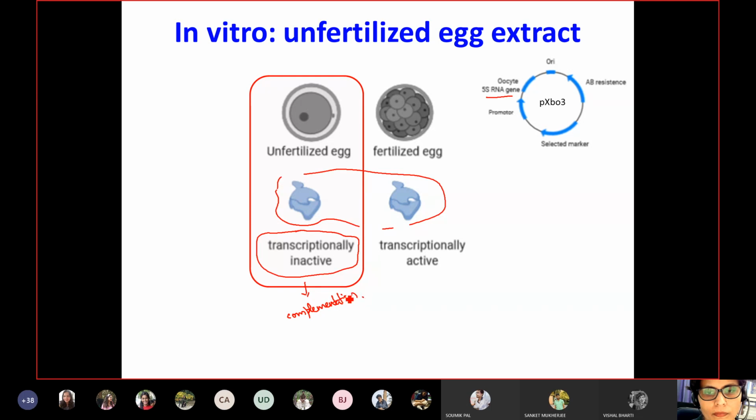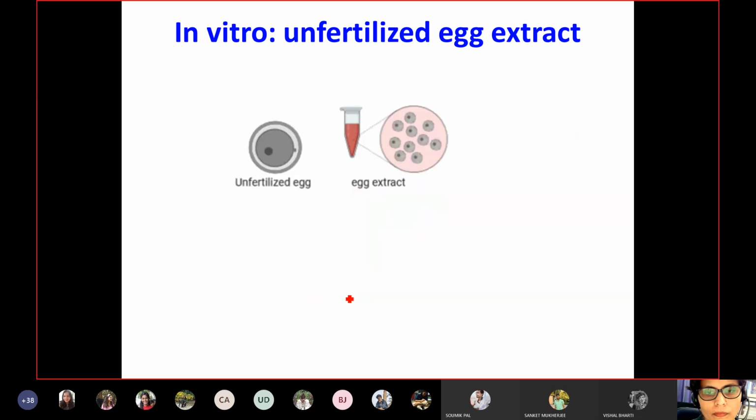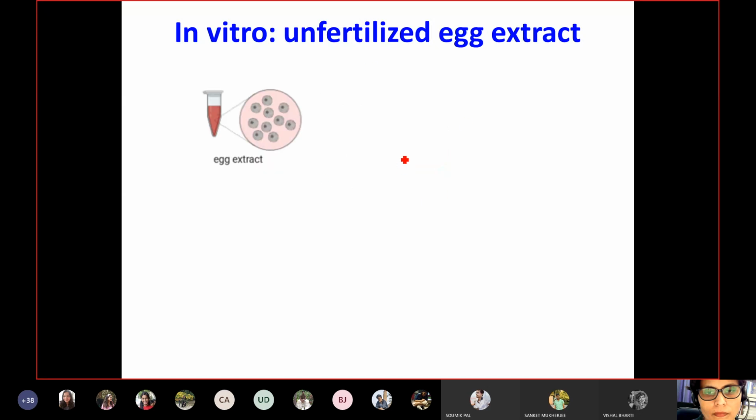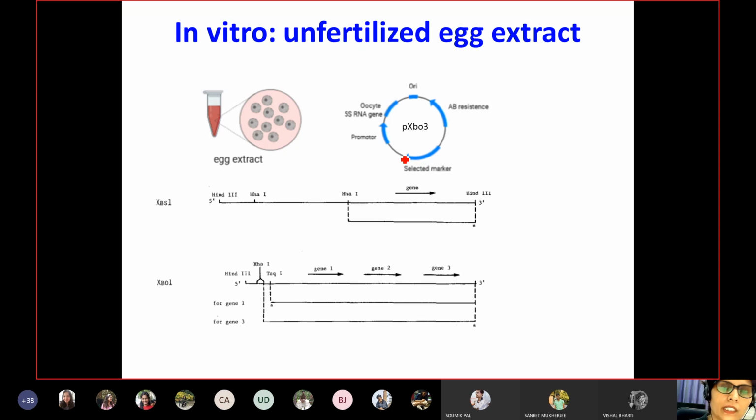So this is what they perform next. They crushed the unfertilized egg, made the egg extract out of it, and then incubated the 5S type gene. Here the oocyte 5S RNA gene is coming from gene 3, which is why it is labeled as plasmid XBO, X for Xenopus species B. Instead of laevis, it is coming from borealis, and then gene 3, the longer gene.